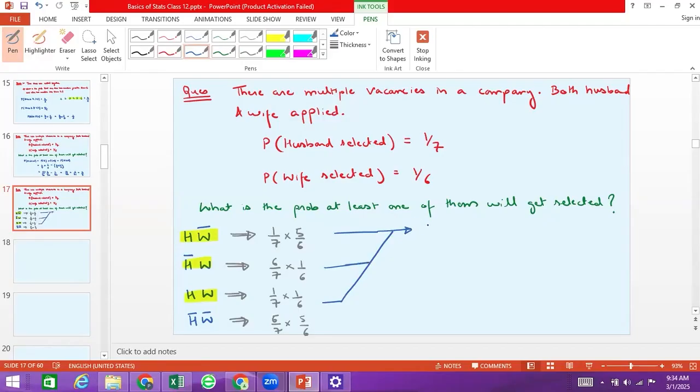We will get 5 by 42 from the first one, plus 6 by 42, plus from the third one 1 by 42, which will be 12 by 42, which will be again 6 by 21, which is equal to 2 by 7. So this is one way of solving it.